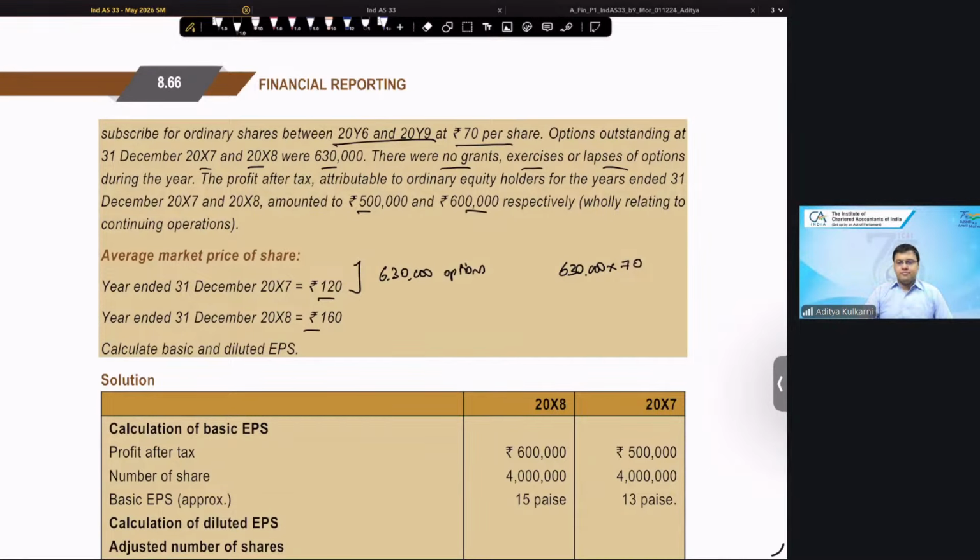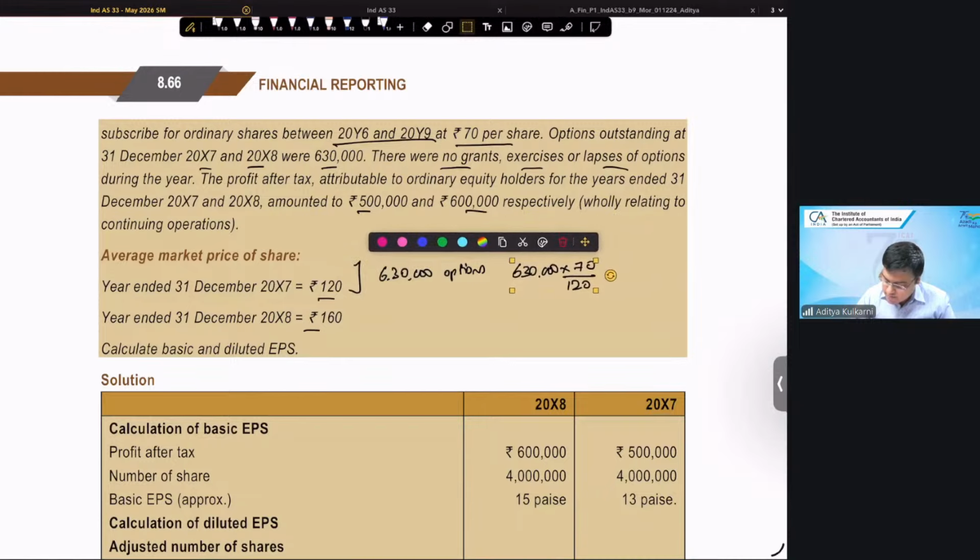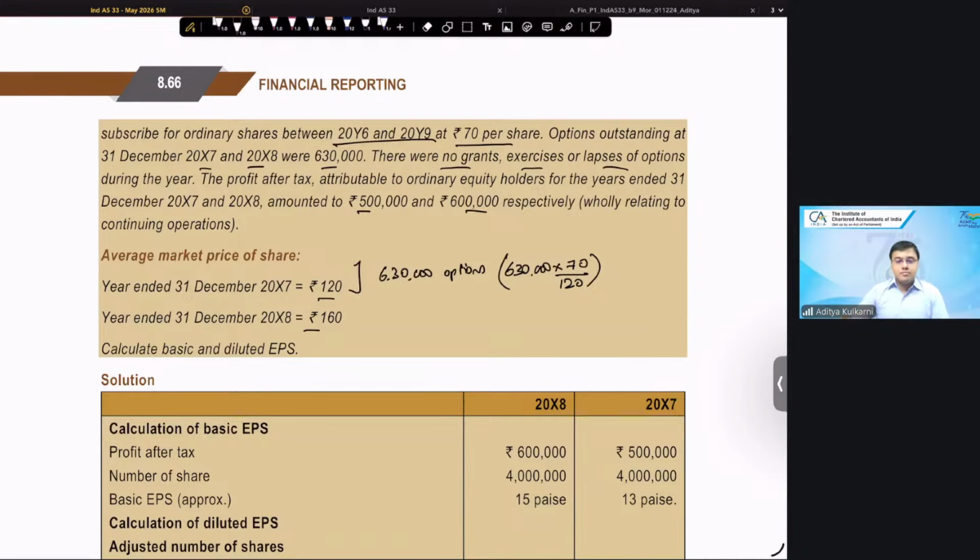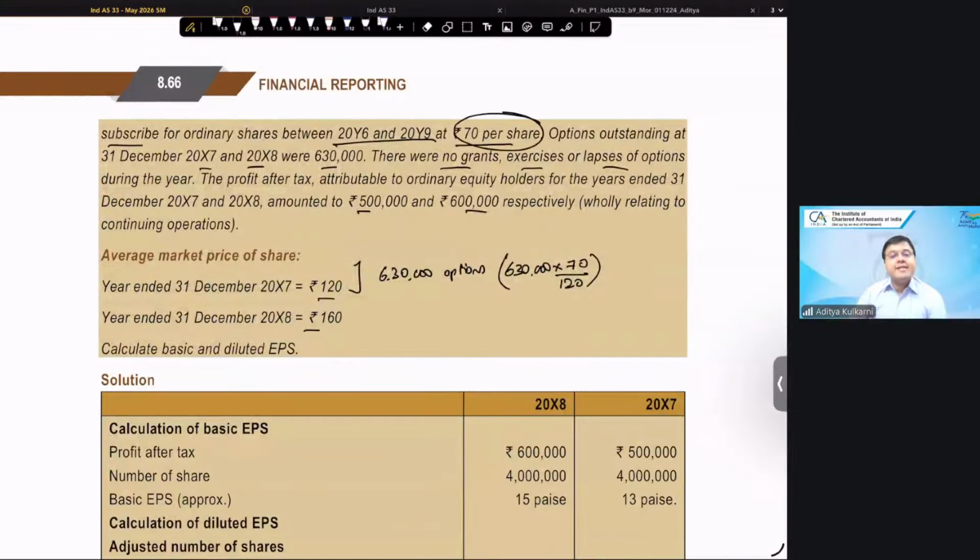That means for a share whose value is worth 120 rupees, they are going to pay us 70 rupees. Correct? Do you agree to this? Yes, sir, because they subscribe at rupees 70 per share.